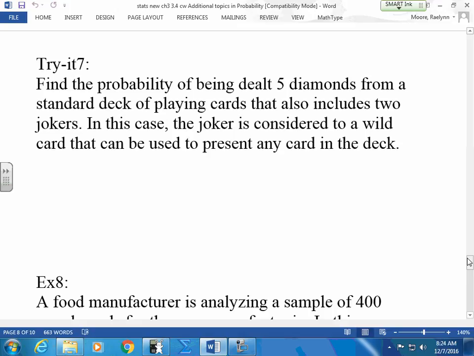You can use it for anything. So if you're going to be looking for diamonds, what would you want to use it as? My 2 jokers now, if I need to be dealt 5 diamonds, what would I want to use those 2 jokers as? Diamonds. So you have 54 cards, and how many of them are diamonds possible? 15, right? So see if you can set me up a combination.